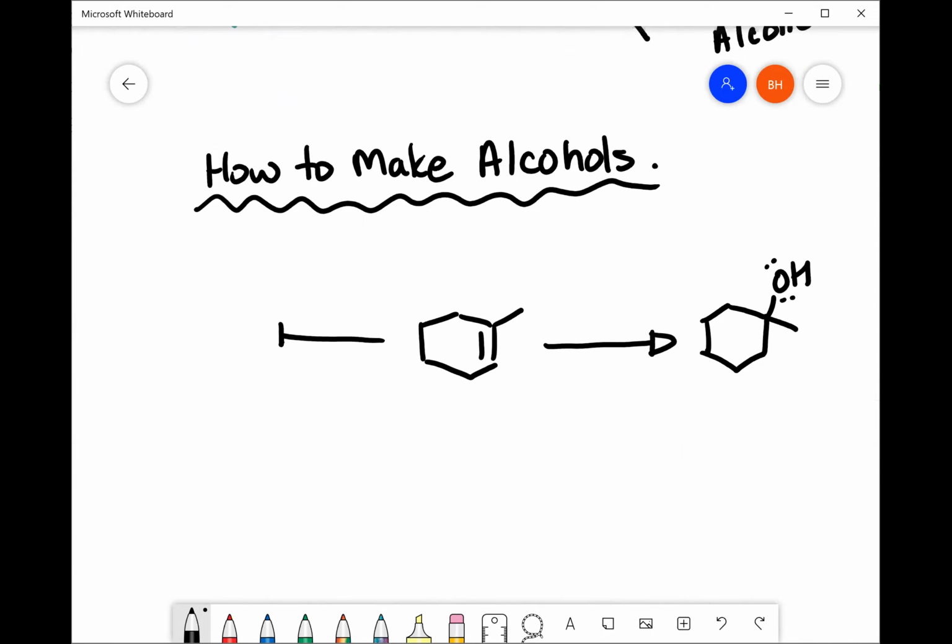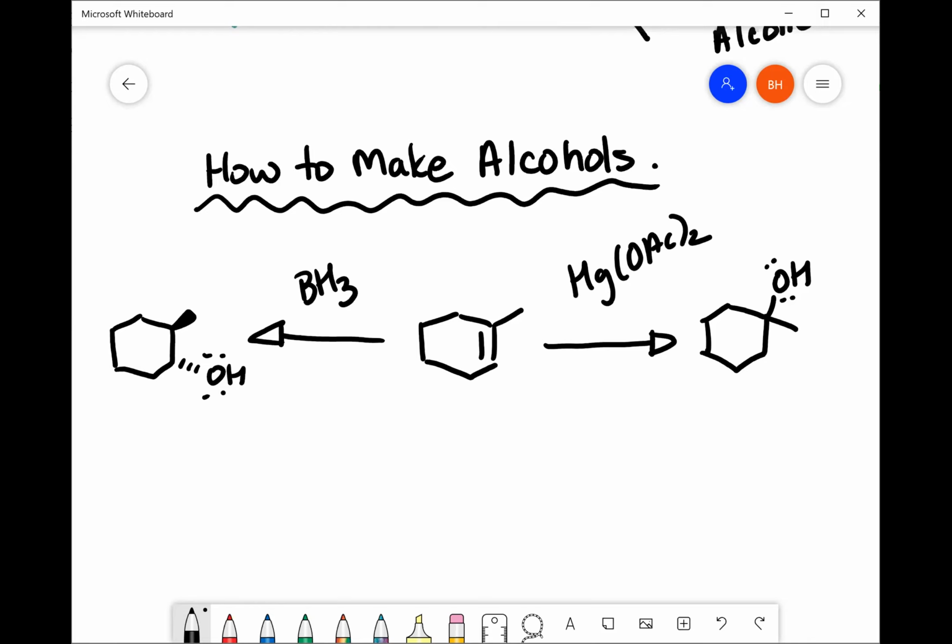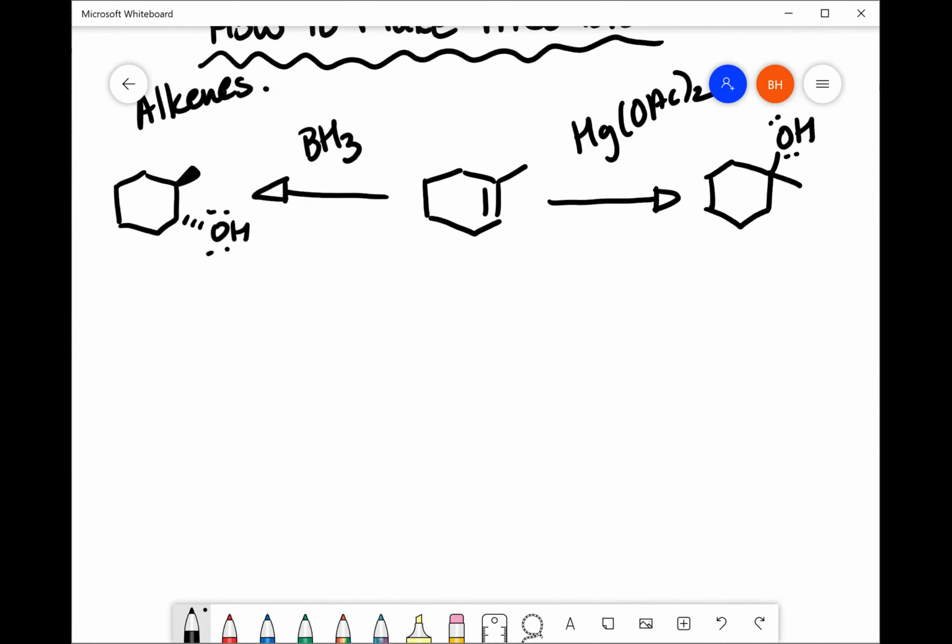And we also know how to make the least substituted alcohol, with BH3 and mercury. So we can make alcohols through alkenes. So that's one whole method there.